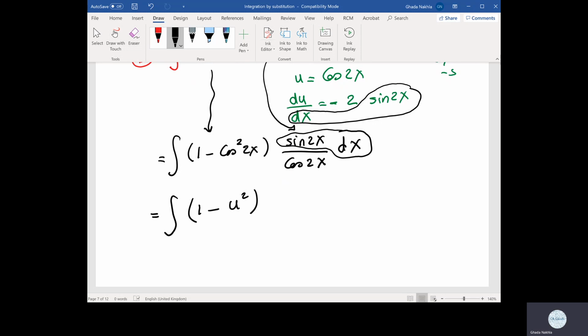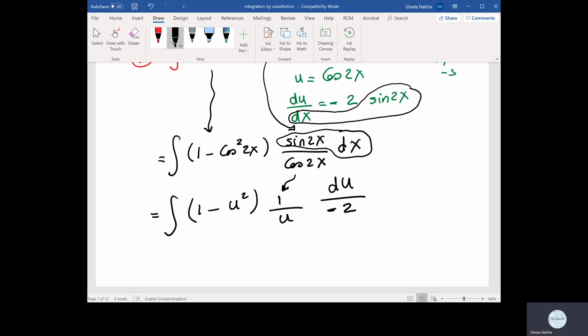I can change it to du over minus 2. Do you all agree? Sine 2x dx should be equal to du divided by minus 2.